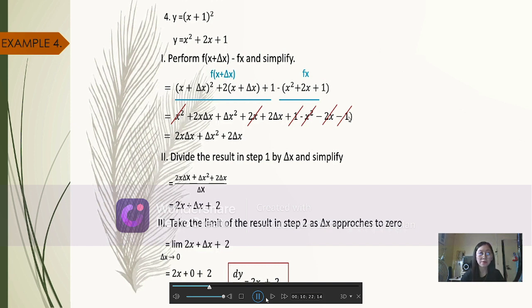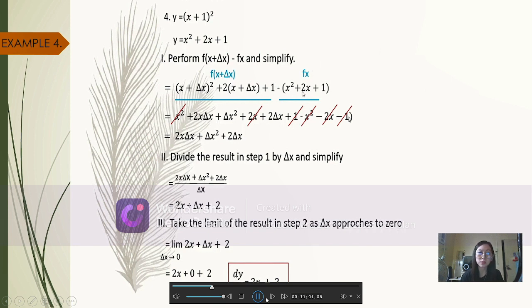So, sa f of x natin, f of x plus delta x natin is x plus delta x squared plus 2 times x plus delta x plus 1 minus x squared plus 2x plus 1. So, ang f of x plus delta x natin dito is itong x plus delta x squared plus 2 times x plus delta x plus 1. So, ang f of x naman natin is x squared plus 2x plus 1.